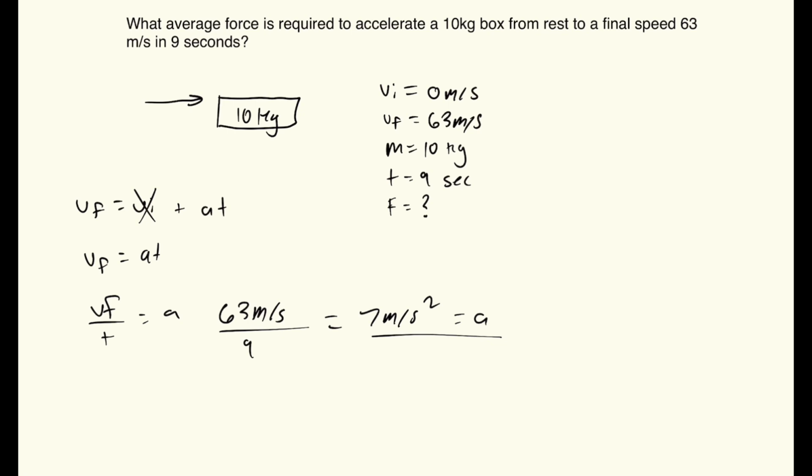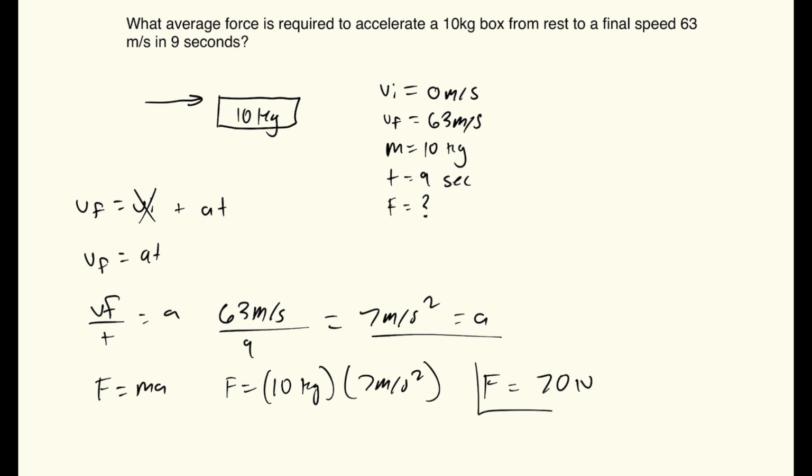And then we can plug it into our force formula. So F is equal to ma. F is equal to 10 kilograms times 7 meters per second squared. F is equal to 70 newtons.